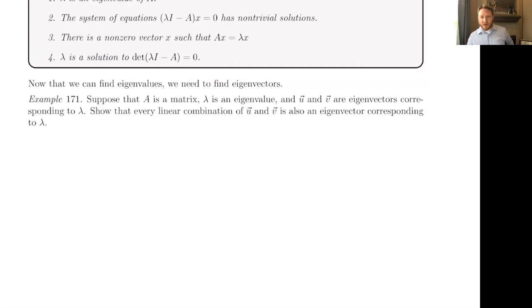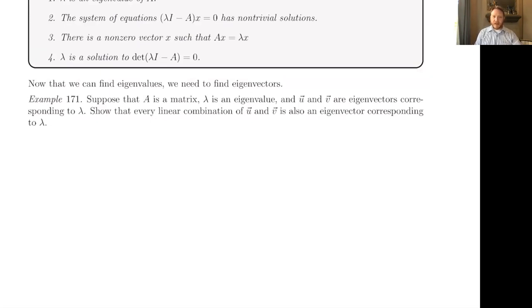Now, an important follow-up is what happens with these eigenvectors in a particular eigenspace. So 171 says, suppose that A is a matrix and lambda is an eigenvalue, and U and V are eigenvectors corresponding to lambda.